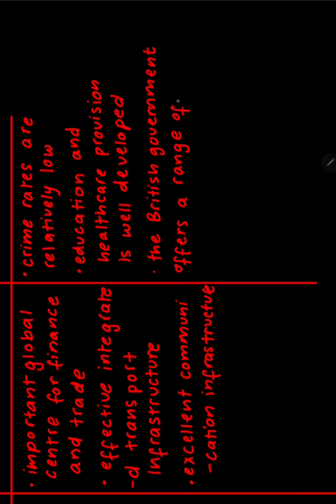Then lastly, you can say that the government offers a range of incentives, that is cash basically, that's in many forms, including building grants, housing schemes, and infrastructure schemes.